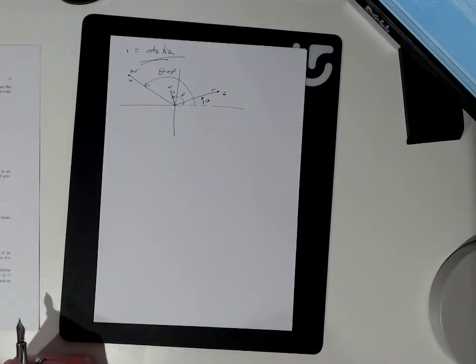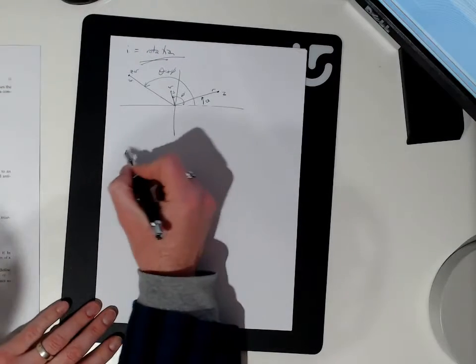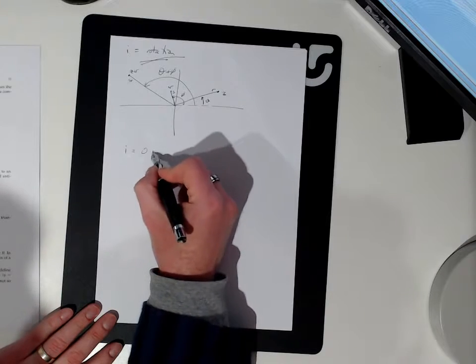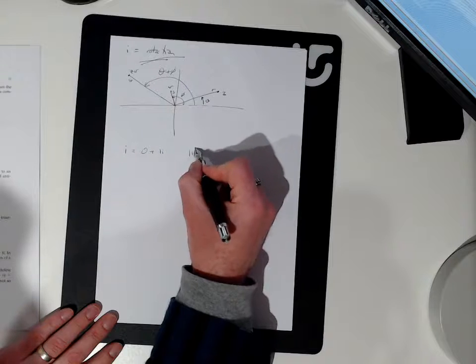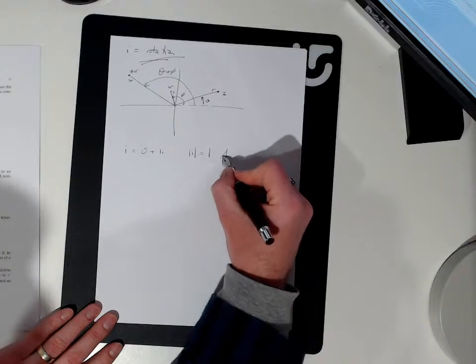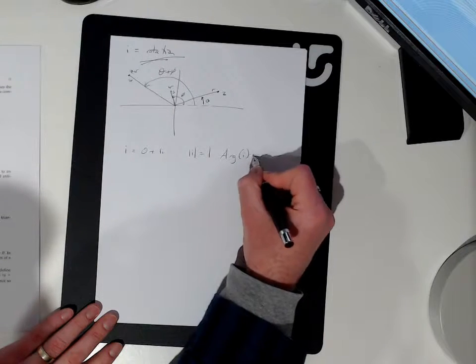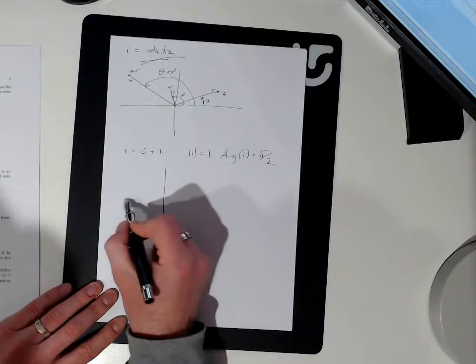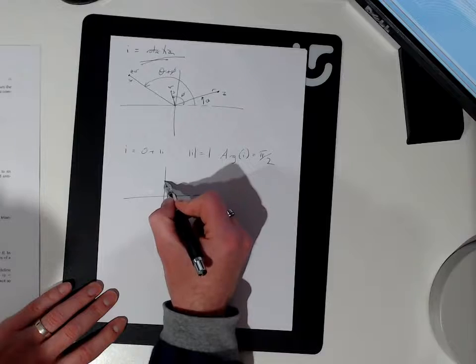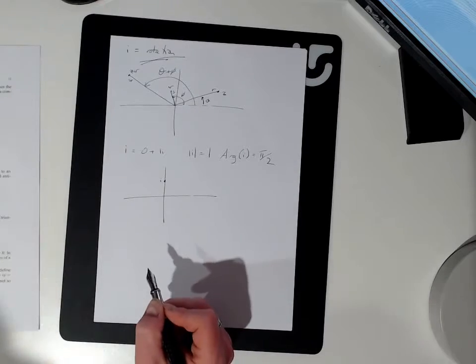So multiplication rotates and stretches. Now i is equal to 0 plus 1 times i. The modulus of i is 1, and the argument of i is pi over 2. You can see this because in this diagram, that's where i lies.